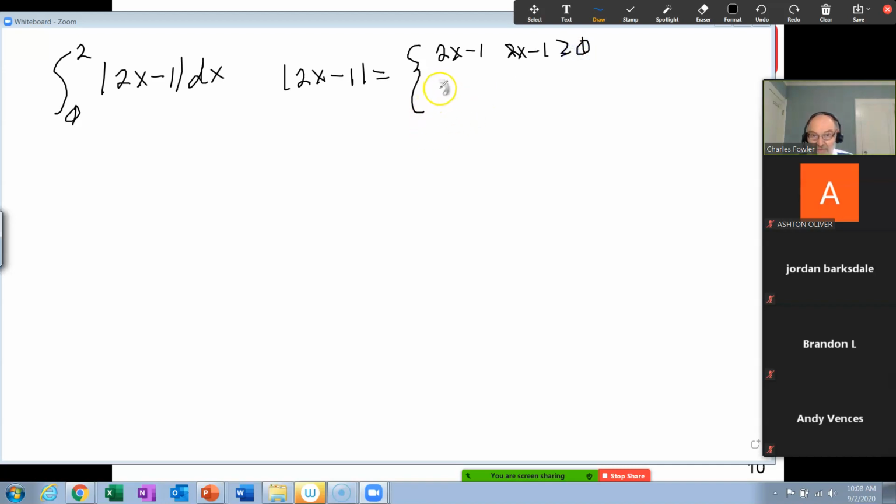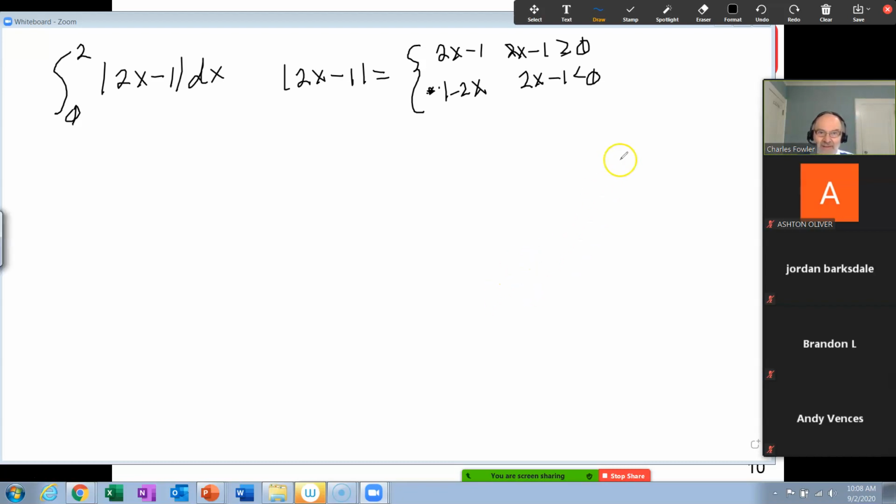And it's the opposite of that, so I'm going to rewrite this as 1 minus 2x anytime 2x minus 1 is less than 0. Do you agree with that? It's the value of it anytime that thing is greater than 0, but it's the opposite of that anytime it's less than 0, right? That's what absolute value means.